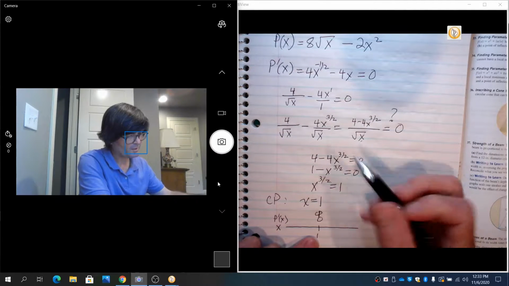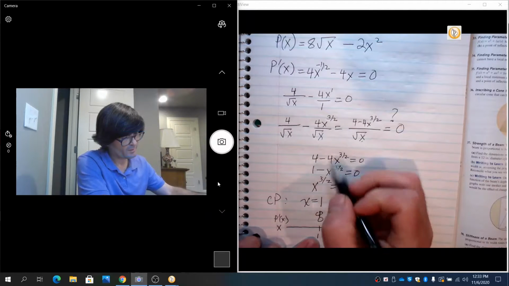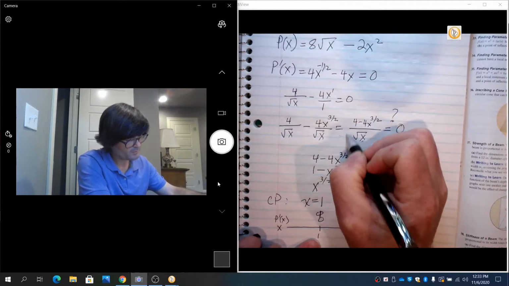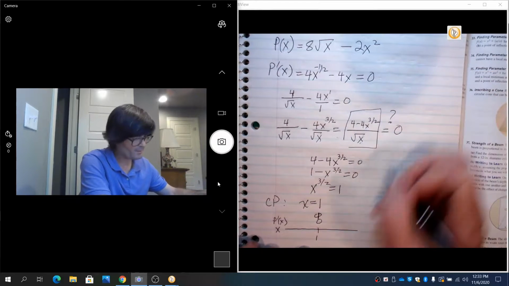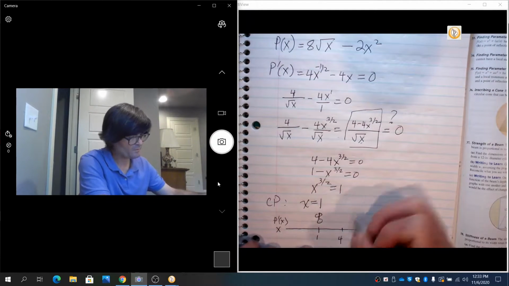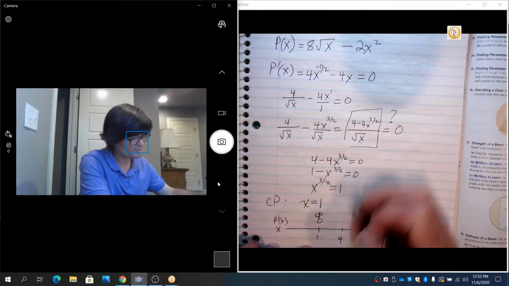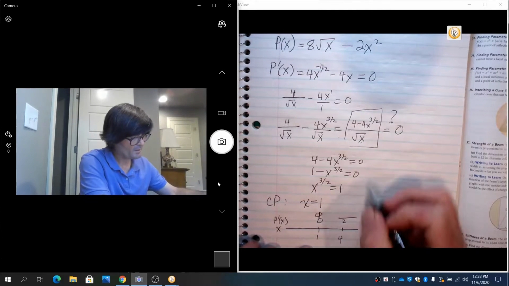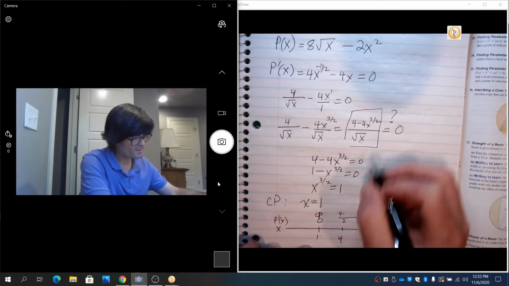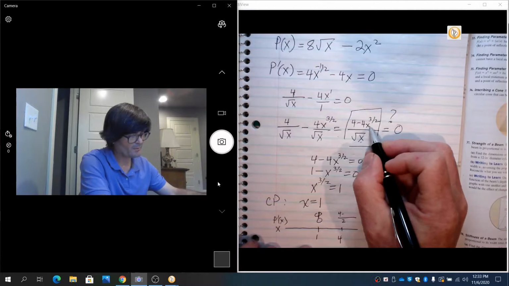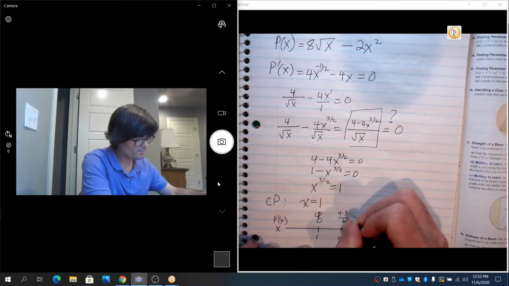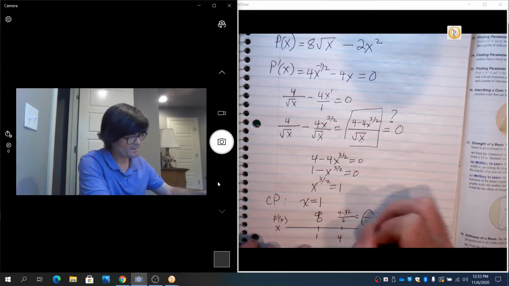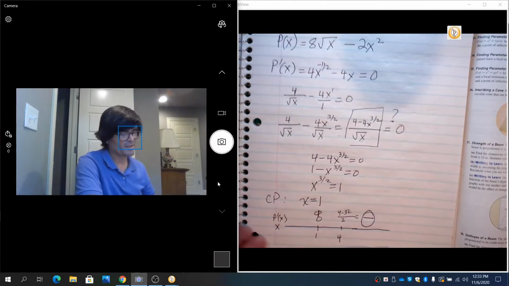Here's my derivative right here. Let's pick x equals 4 maybe, because that's got a nice easy derivative. The square root of 4 is 2 on the bottom. 4 minus 4 to the 3 halves power is 8. So 4 minus 32. That's a negative on the right side.